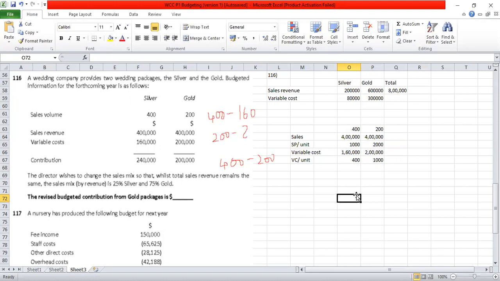If we multiply that also, we would get the same thing. See, the total revenue, if it is 200,000, 600,000, because the total sales revenue is the same. In this case, if the selling price per unit is 1,000, how many units did they sell? That can be, for the new case, new sales revenue, we have it as 200,000 and 600,000.